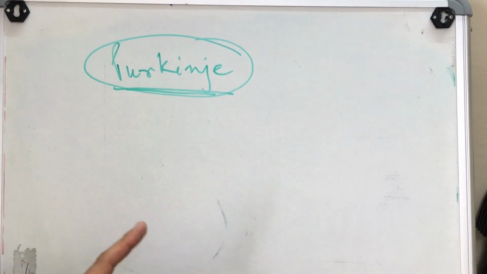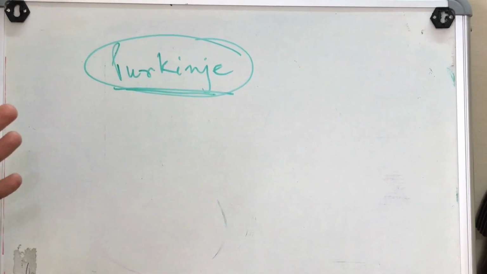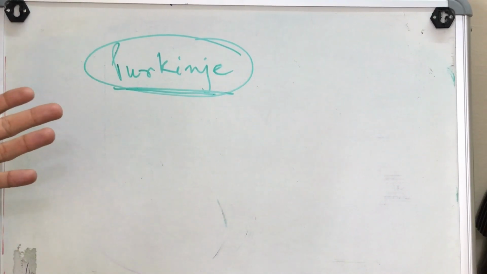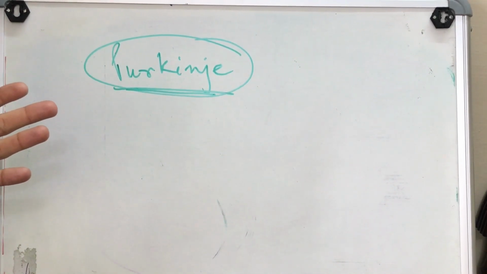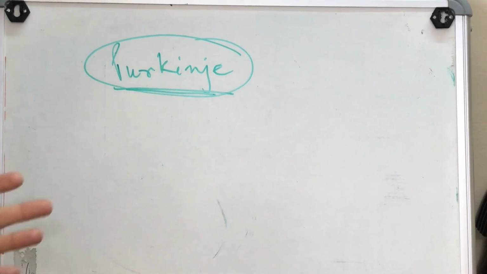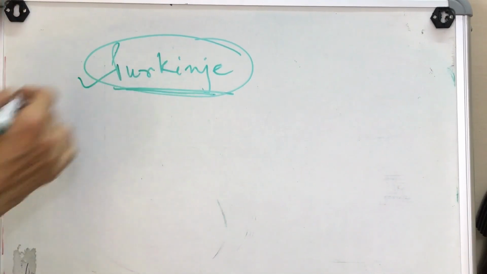Then you will also hear about Purkinje within the eye, vision. There is one term called the Purkinje effect. Purkinje is the most important person in the cerebellum, we can say. If we consider the cerebellum as a family, Purkinje is the chief of the family.